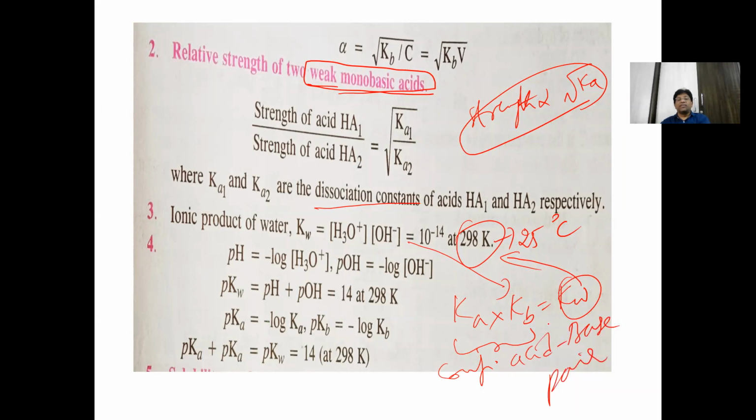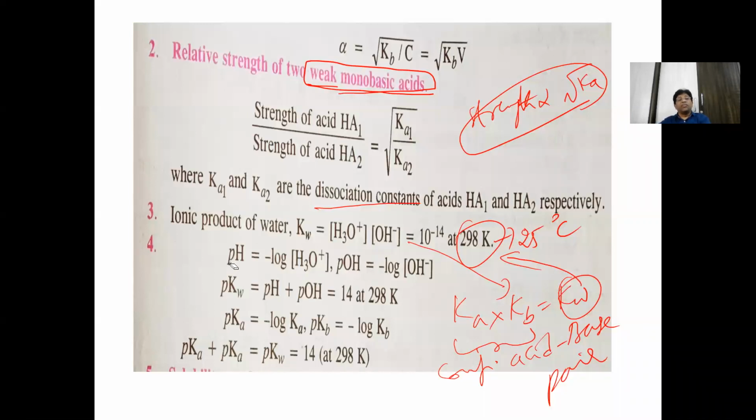For a conjugate acid base pair, this formula will be taken: Ka value of the conjugate acid into Kb value of the conjugate base is equal to Kw, the ionic product of water. So Ka into Kb is equal to Kw.